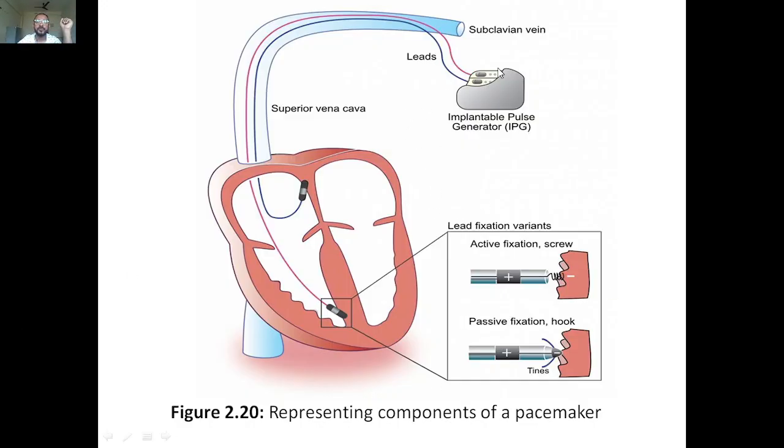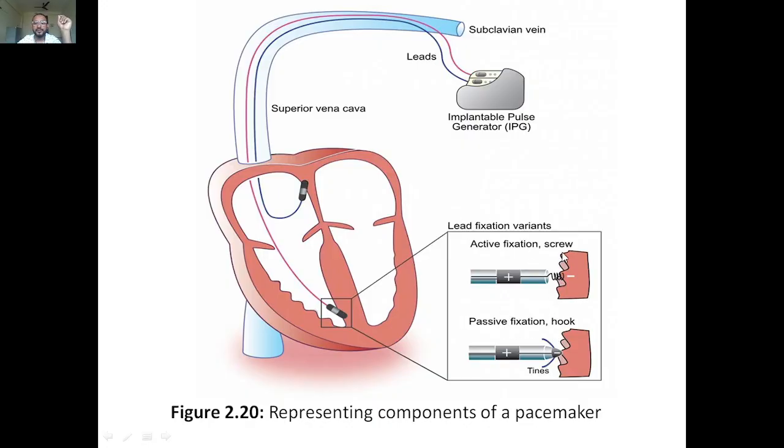We have two different kinds of leads here. The first one, as you can see the blue one, will be connected here to the atrium, and another one will be connected to the ventricles. Okay. Whereas for this particular part, you can enlarge it, and this is how it looks like. We have active fixation and passive fixation.